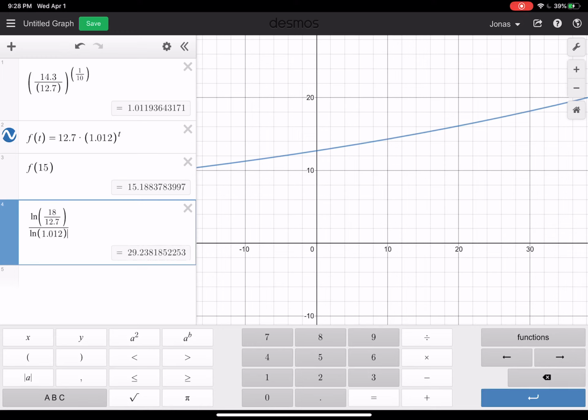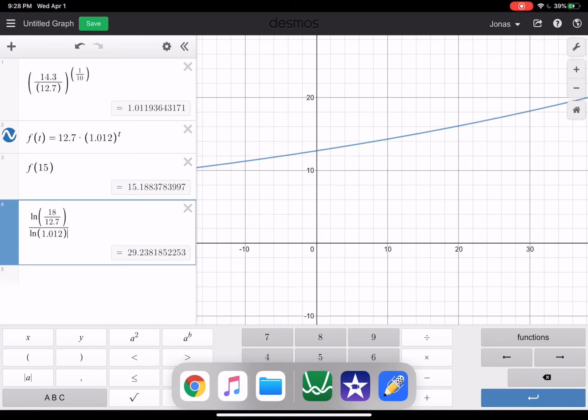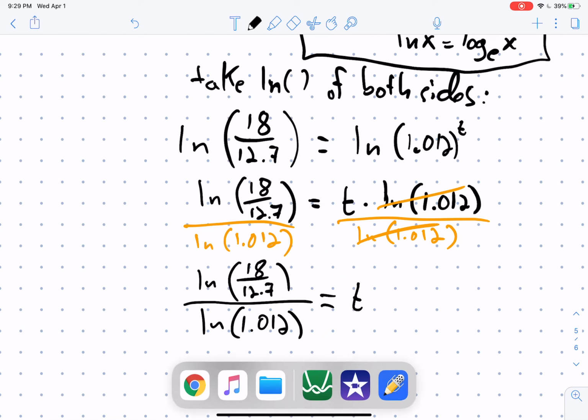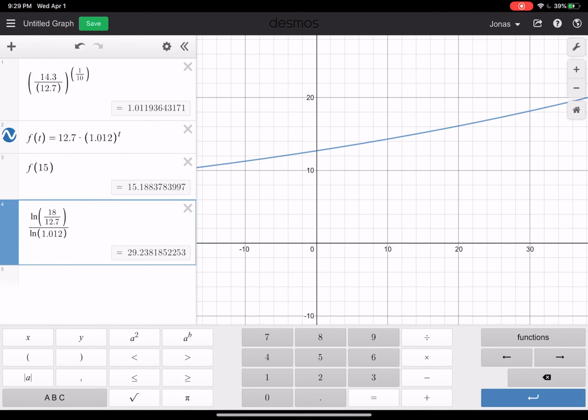And altogether, it tells me it's going to take 29.238. So let's call that 29.24 years. Here we go. That is our value of t. So this t is equal to 29.24.